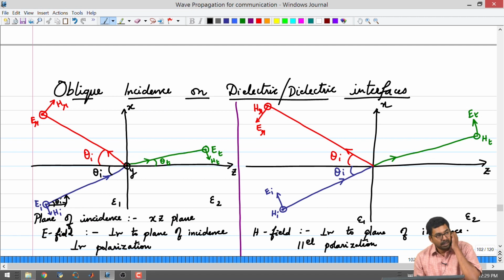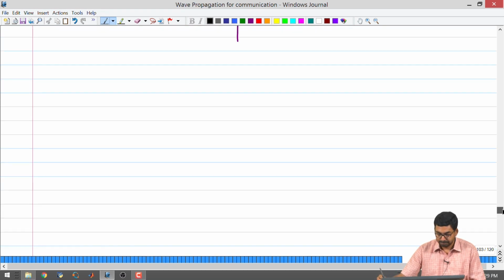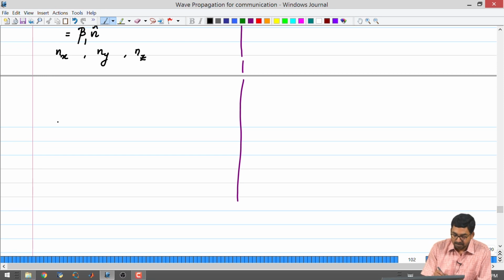Okay. Now, I can write down sine and cos theta I. nx, which is the vertical component, divided by n is equal to sine theta I, right. So, we will just write down the components of n.